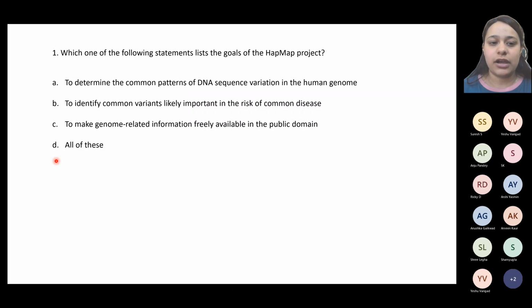The options given are: to determine the common patterns of DNA sequence variation in the human genome, to identify common variants likely important in the risk of common disease, to make genome related information freely available in the public domain, or D, all of these.